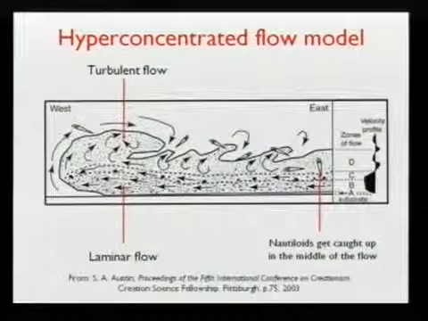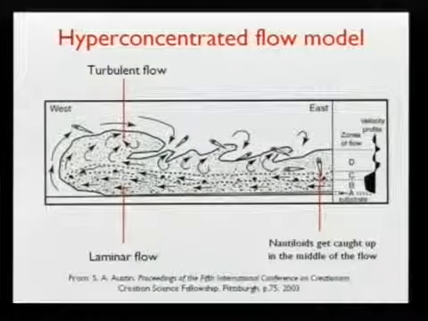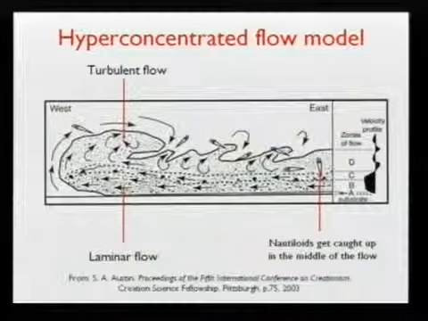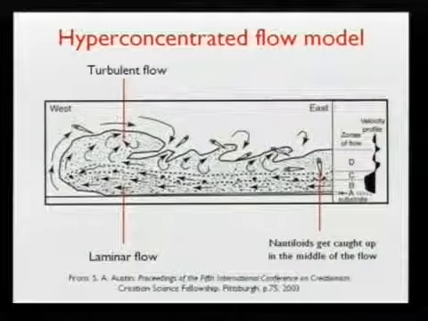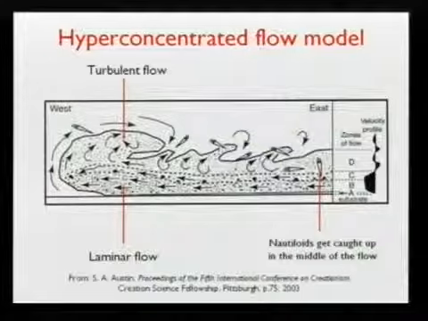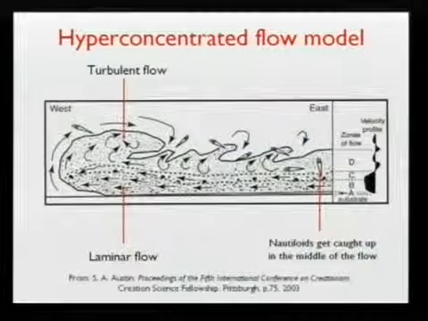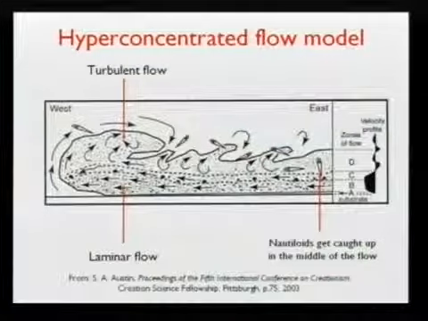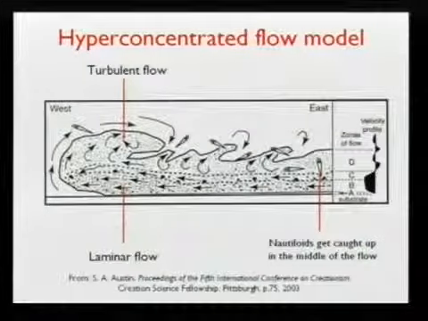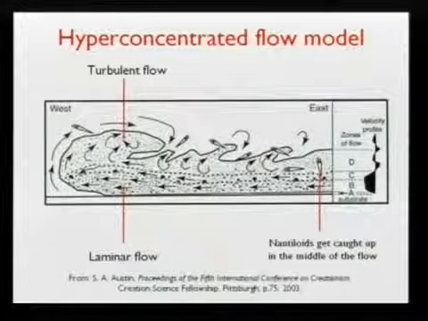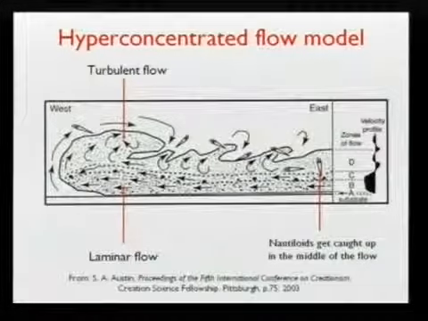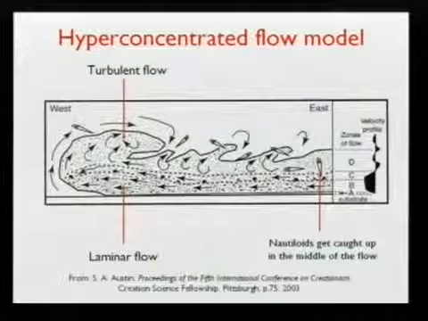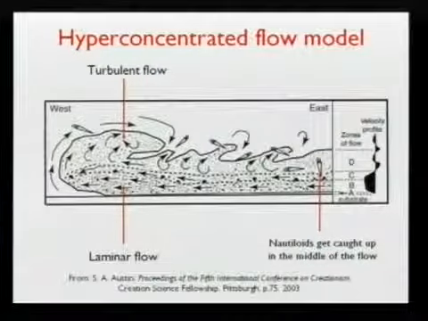This is a type of flow that geologists call a hyperconcentrated flow. And Steve Austin has proposed this as a model for understanding the flow that deposited the Whitmore nautiloid bed. And as this flow would have moved very fast, it would have been a fast-moving, pretty dense sediment slurry, if you like, it encountered a population of nautiloids living there in the water, and it picked them up.